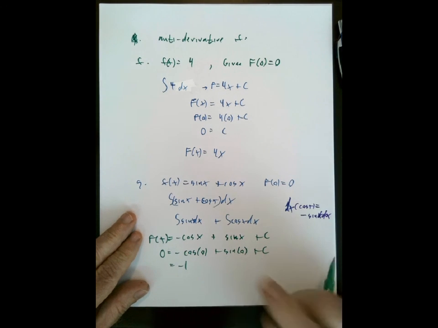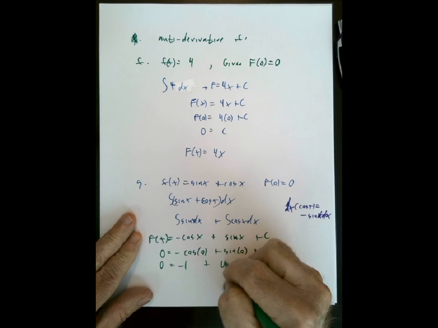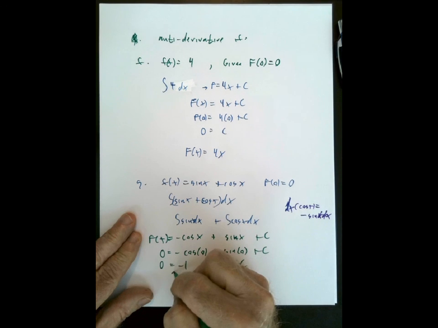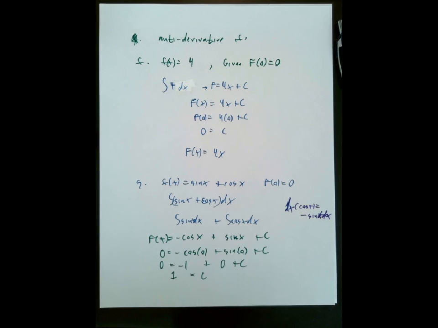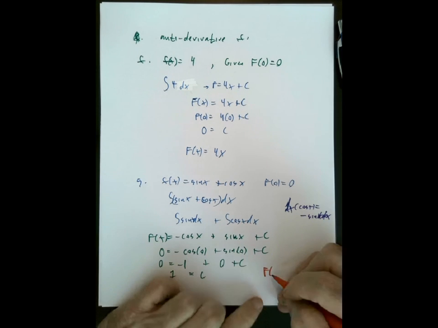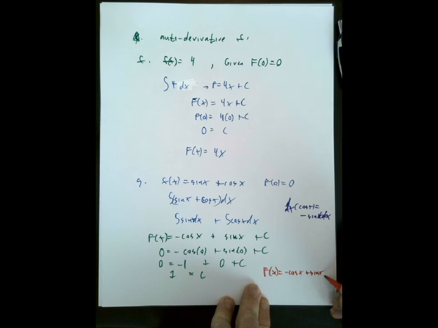The sine of 0 is 0, plus c. So you can see that solves to the constant being equal to 1. So our final answer, because we have this initial condition, f of x, the antiderivative, is negative cosine x plus sine x plus 1.